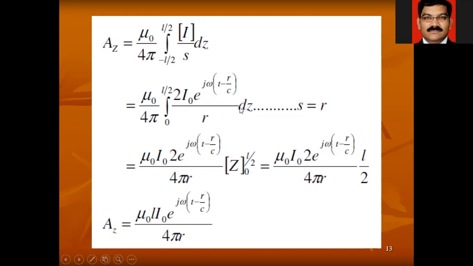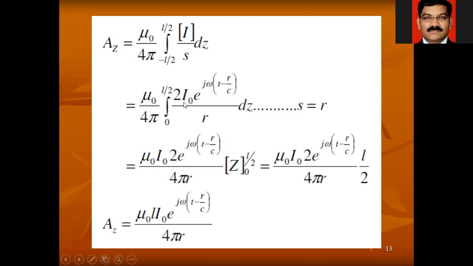We have to integrate only over z, dz is there, so we integrate over the dz length from 0 to L by 2. Just remember here, this length is minus L by 2 to L by 2. We have changed the integration to 0 to L by 2 to make it simpler. So when changing this, we make these changes in the equation.